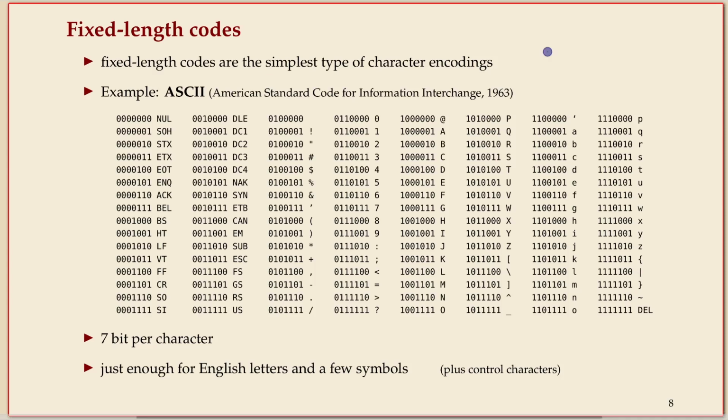A simple, well-known fixed length code is the ASCII character encoding, which is listed here. You see there's not all special letters, no emoji and all that. It's from 1963. It actually specifies 7 bits for each character.